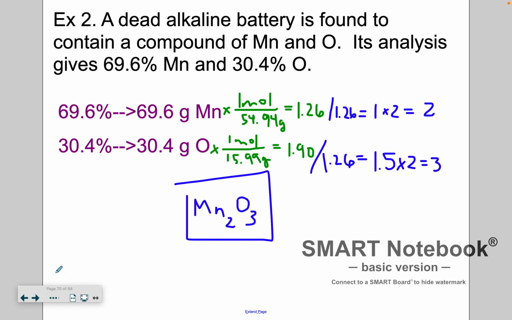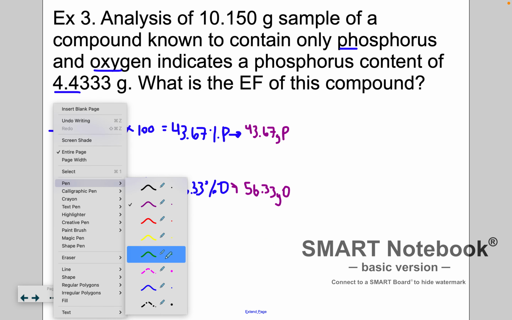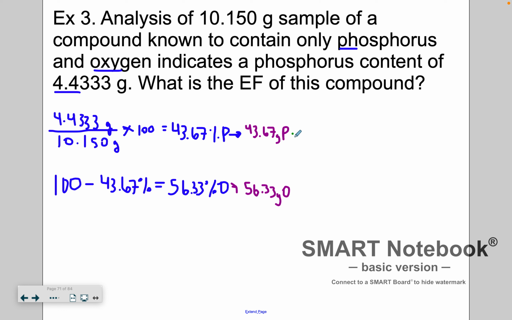Step 2, convert to moles by dividing by the molar mass of the element, right? So the molar mass of phosphorus is 30.97, and that is equivalent to 1 mole.